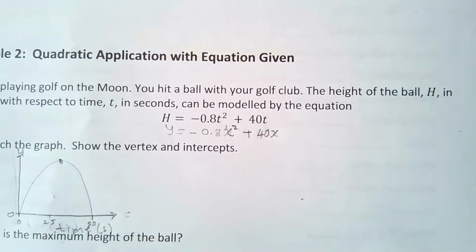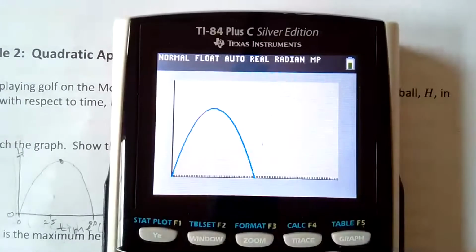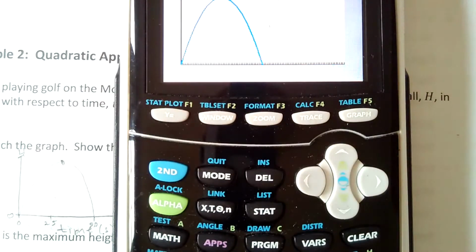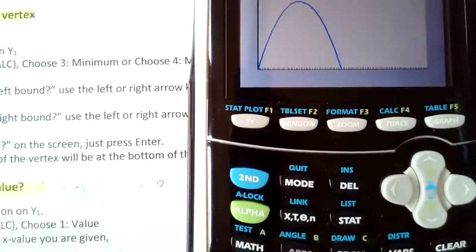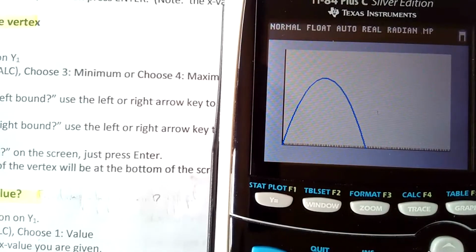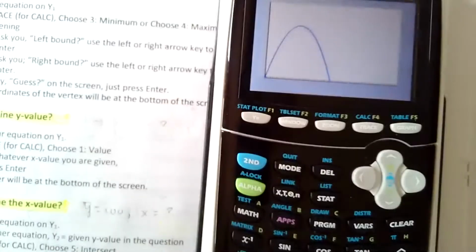Yeah. And we'll see, I approximately is 50. I'm not sure yet. I'll find that. So let's find our vertex. So we'll zoom out here, and we're going to find our vertex here. Okay, let me zoom out here a little bit.